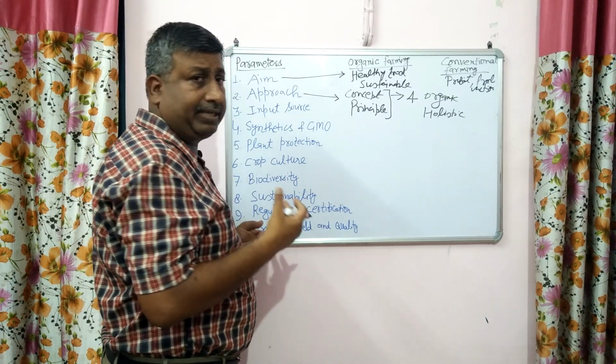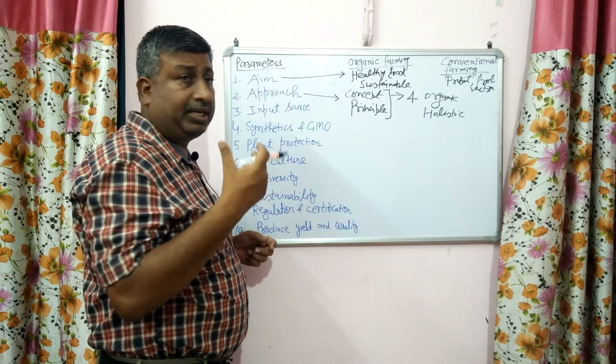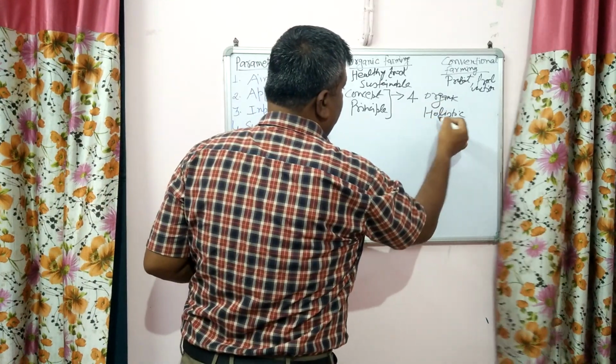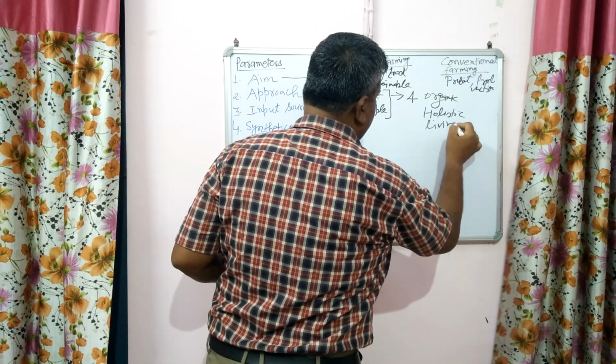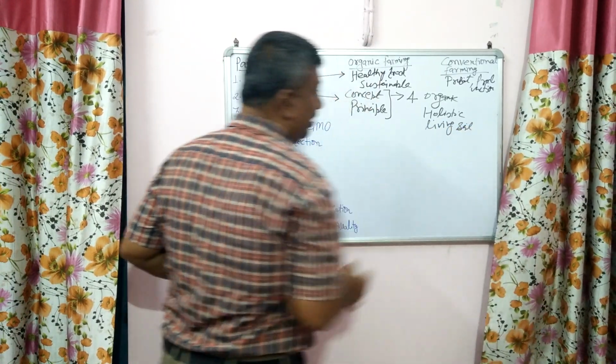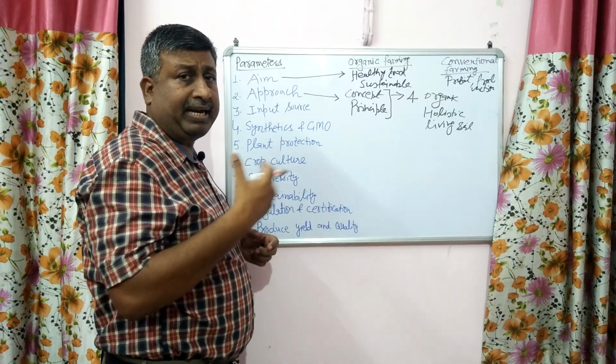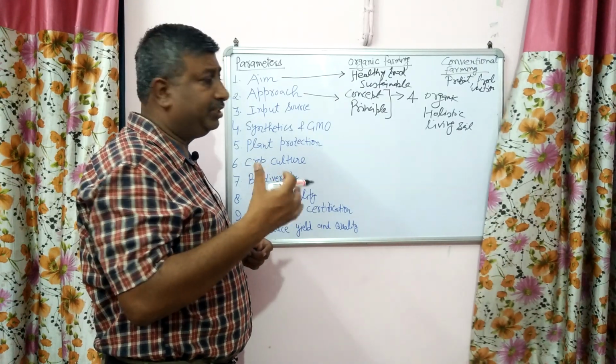In case of organic, the farm is considered as a living system. Then the other is the living soil concept, which means soil is considered living. So that's why we try to increase the organic matter, FYM, etc., so that its fertility and productivity is maintained.